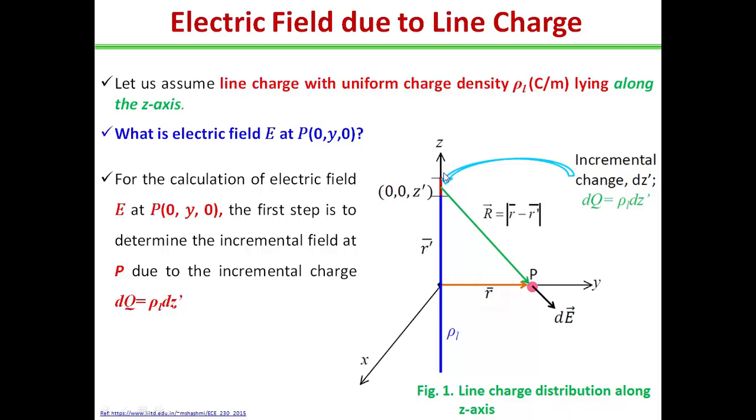So the distance between the incremental charge and point P is written as r, and this will be equal to the magnitude of vector r minus vector r'.